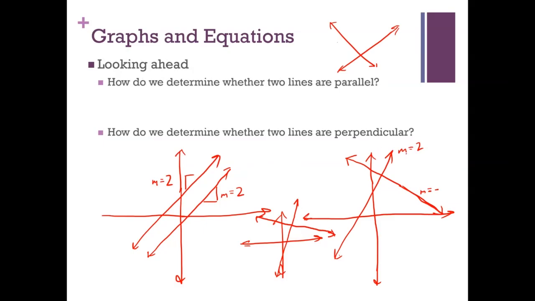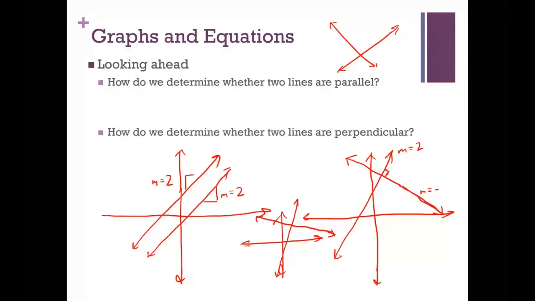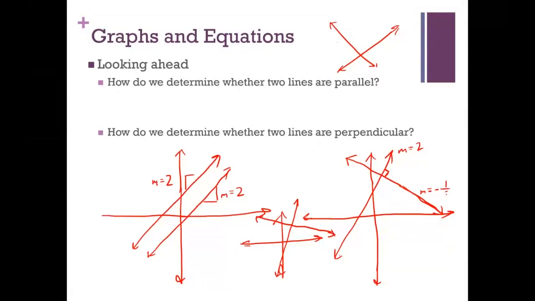So I said this slope was 2, and this is a right angle, which means this slope is -1/2. Or I said this slope was 10, right? So what's the slope of this other one? -1/10. So flip the fraction and then change the sign.